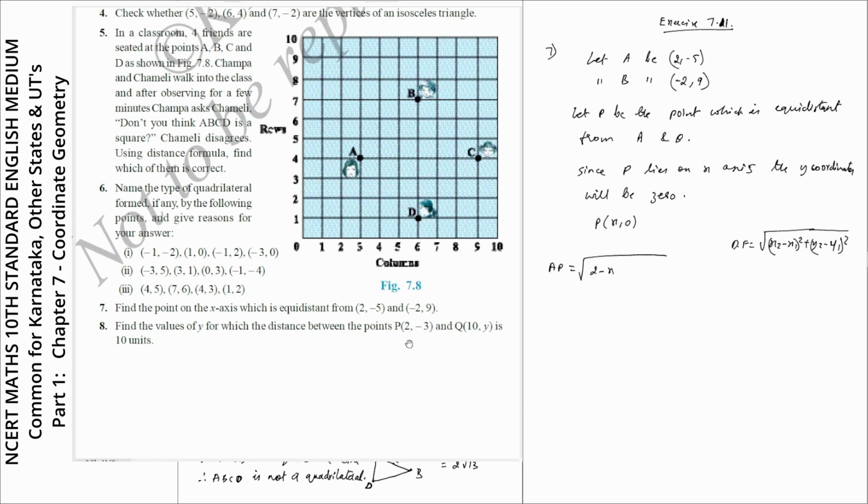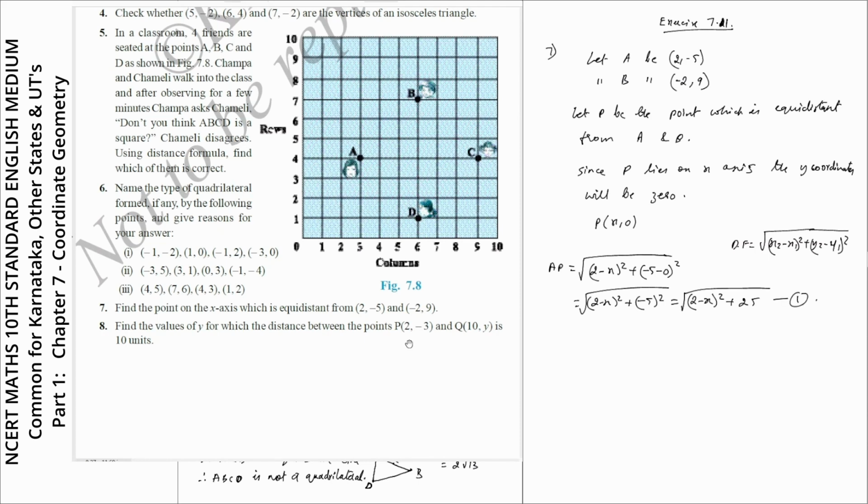So (2 minus x) the whole square plus (minus 5 minus 0) the whole square. So this is equal to (2 minus x) the whole square plus (minus 5 minus 0 is minus 5 only) minus 5 the whole square. Now minus 5 into minus 5 is 25, plus 25 I will get.